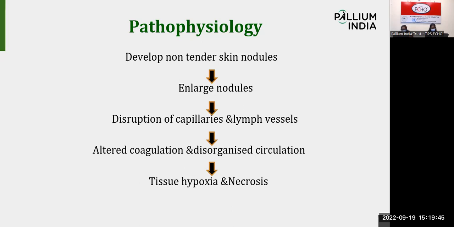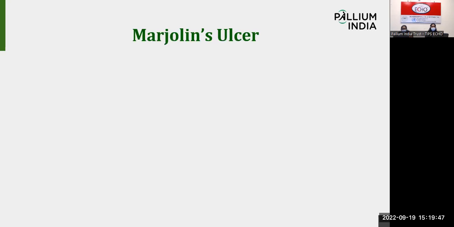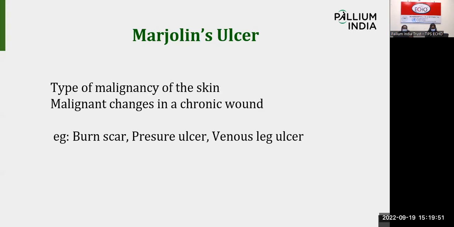How many of you have heard about Marjolin's ulcer? This is malignant change in a chronic wound. For example, a burn scar ulcer, chronic pressure ulcer, and venous leg ulcer.